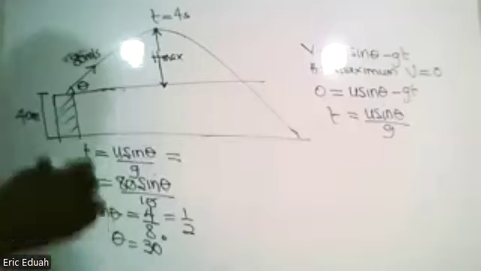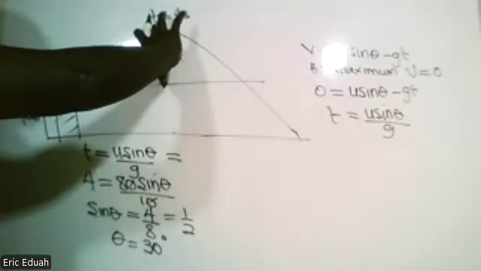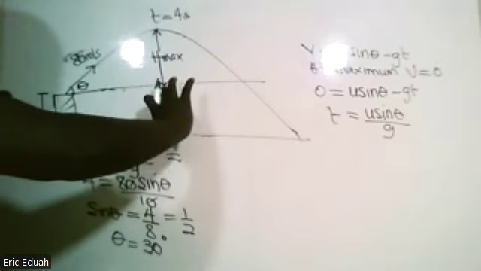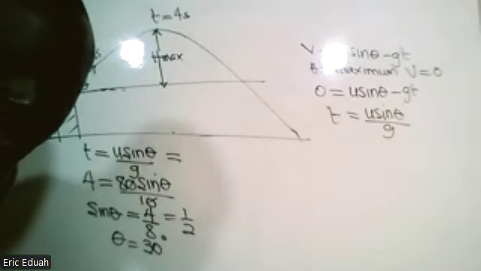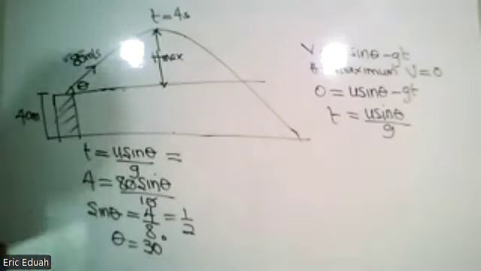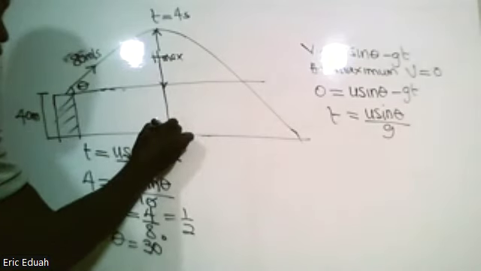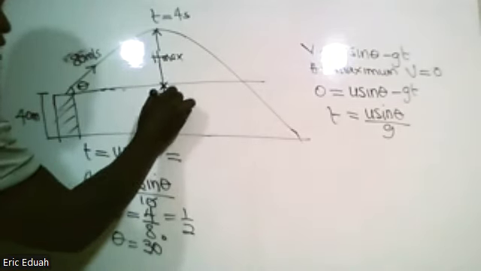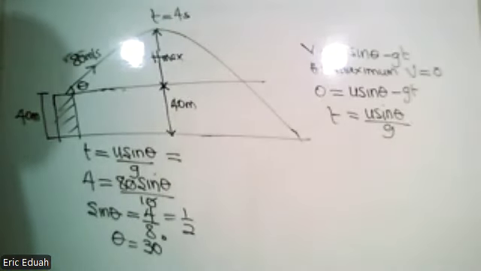But the maximum height reached from the ground means we are going to add this to the height of the tower to get the maximum height reached from the ground. So let's calculate H max. As for the height of the tower, we know this is 40.